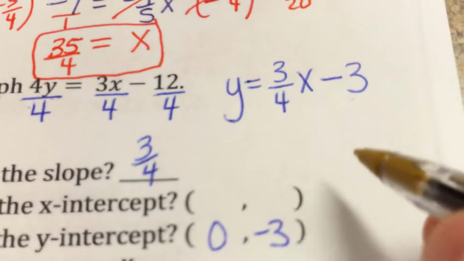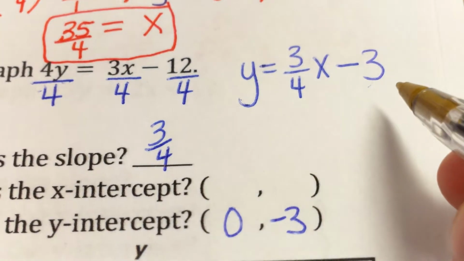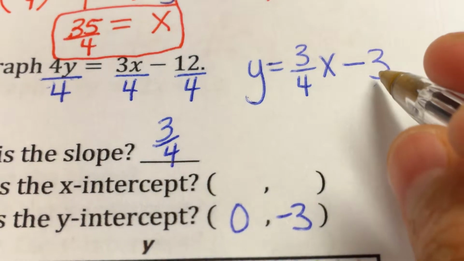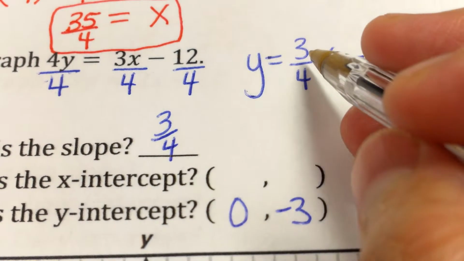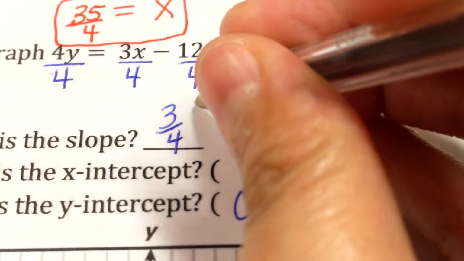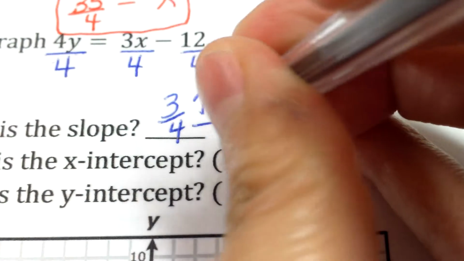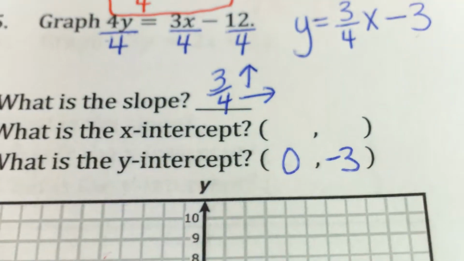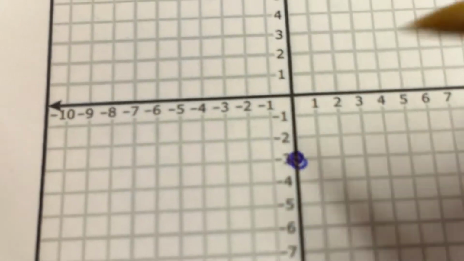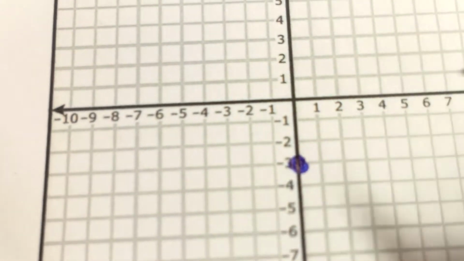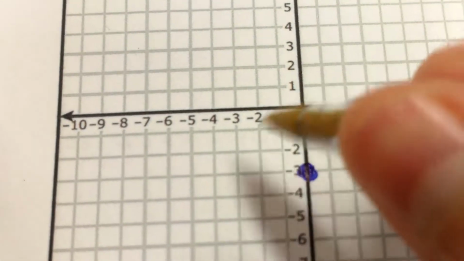So we can graph this. That's my slope, that's my y-intercept. So I'm going to start at the y-intercept at -3. My slope is 3/4. It's +3. So that means I'm going to be going up 3 and running to the right 4, starting at the y-intercept, -3. So here's my -3, my y-intercept. My slope is 3/4, so it's +3/4.